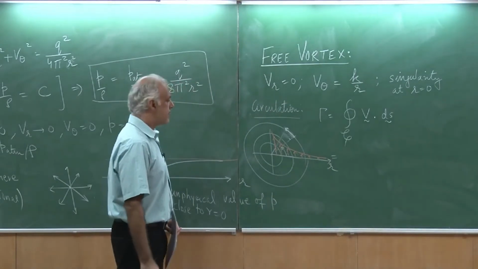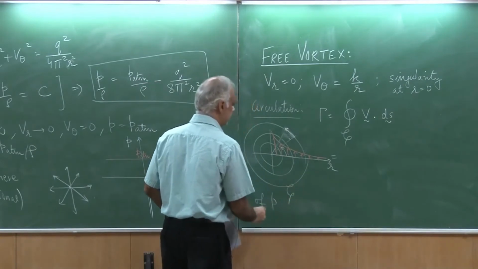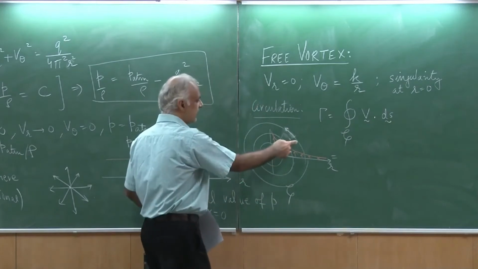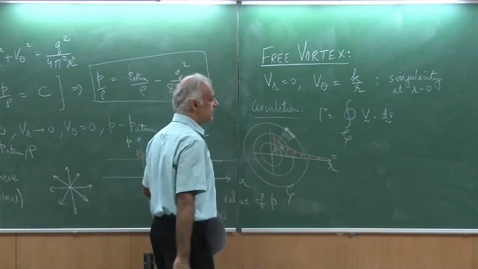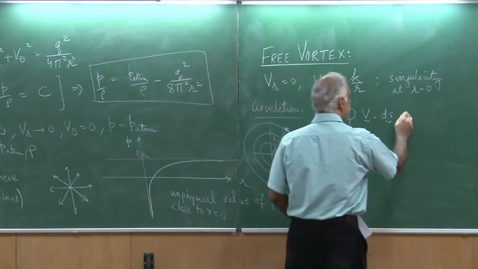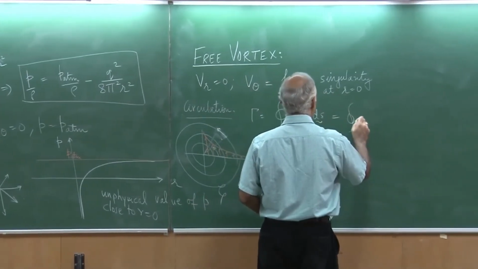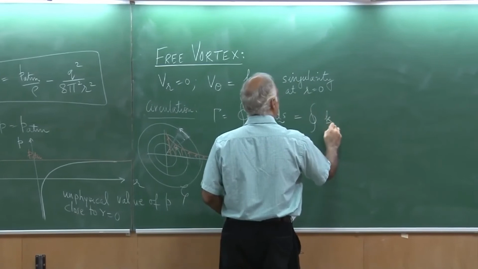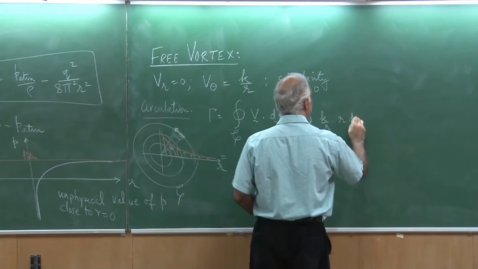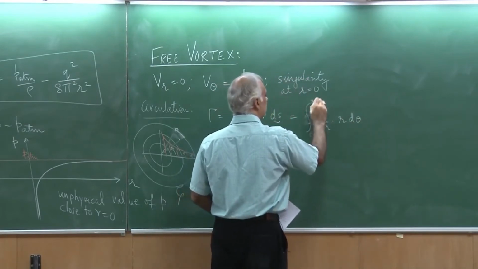To calculate the circulation, I would choose this curve C, which is at a distance r from the origin, and as you can see, I only have a tangential speed, and I am integrating along this curve. So this integral is rather easy to estimate. V is k by r, and ds I can simply write as r d theta, and the limits of integration I can now write from 0 to 2 pi.